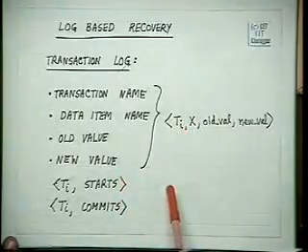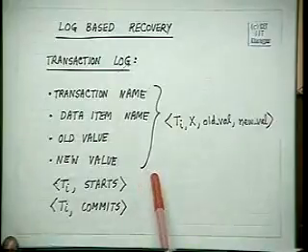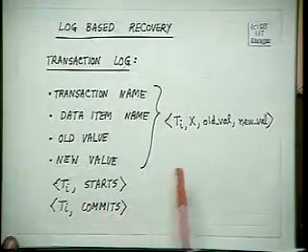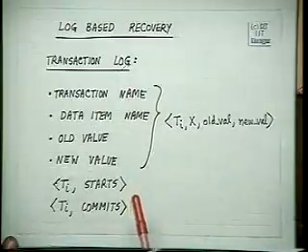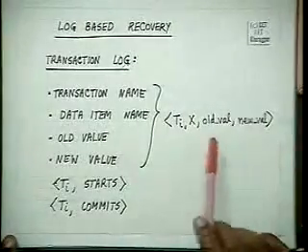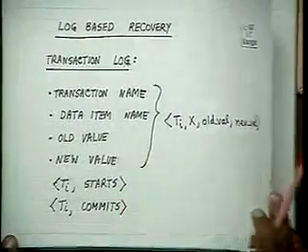Into the disk means into the database, and after that only the TI commits log record is put into the stable storage. So this is how we have three options of log based recovery. We also discussed two types of database modification, one called the deferred database modification and the other called the immediate database modification.